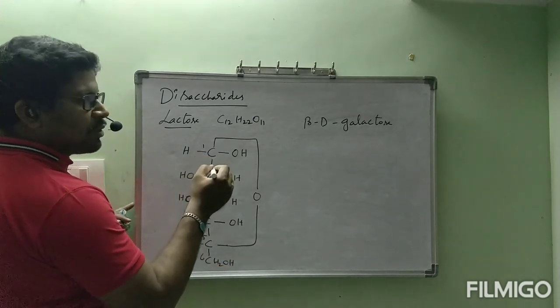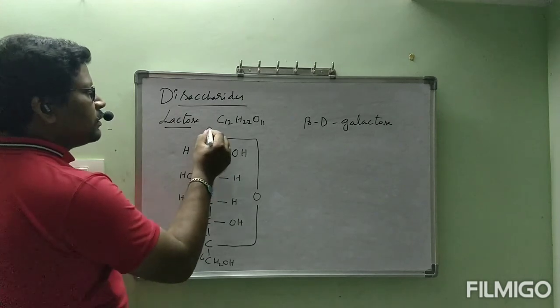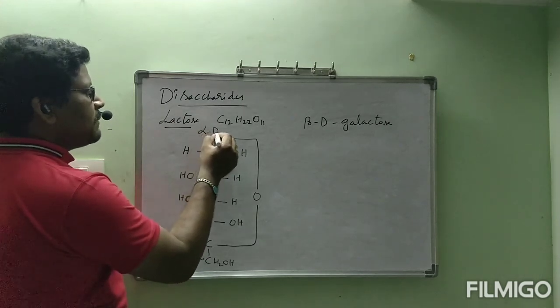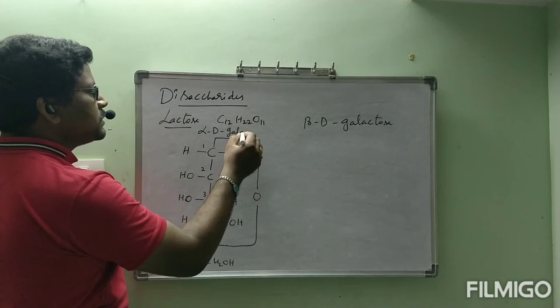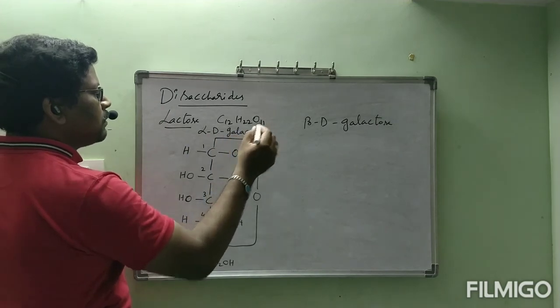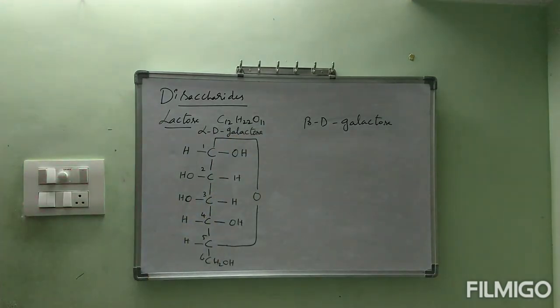This is the closed structure of alpha capital D galactose. It is the closed structure of alpha capital D galactose.